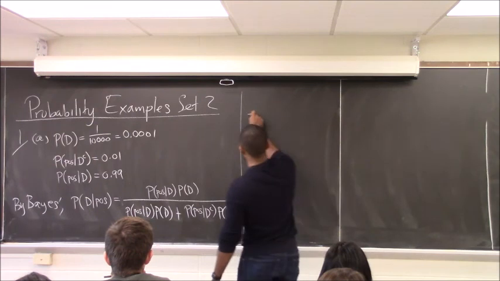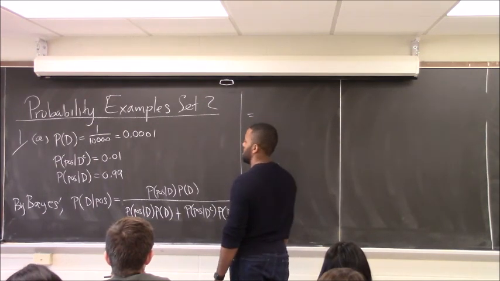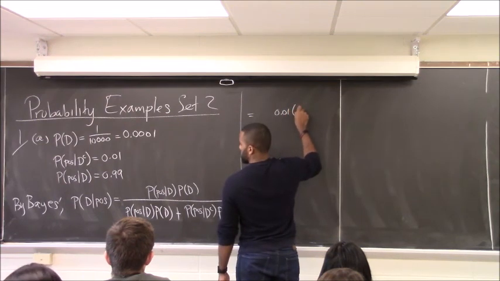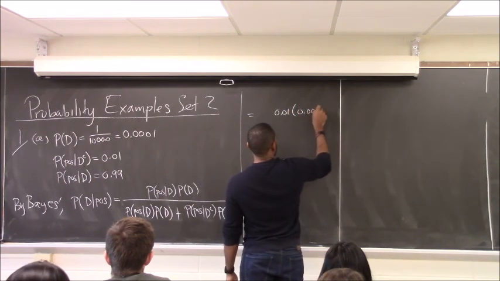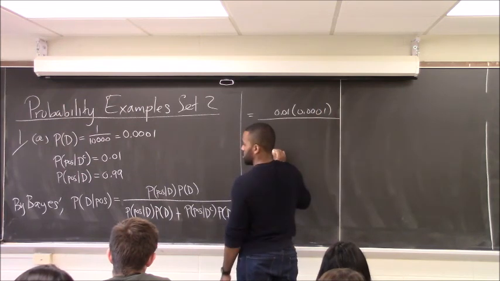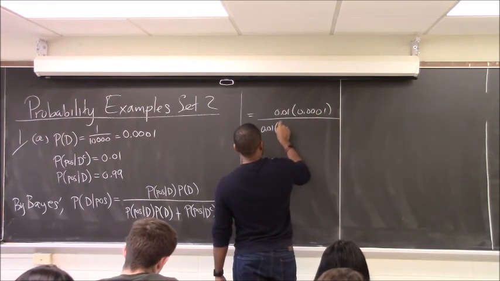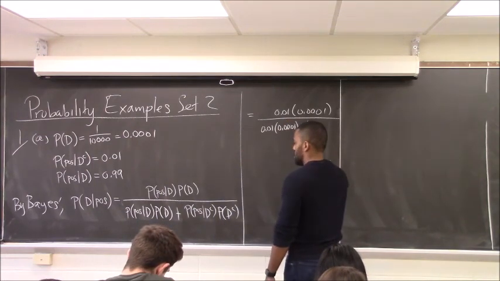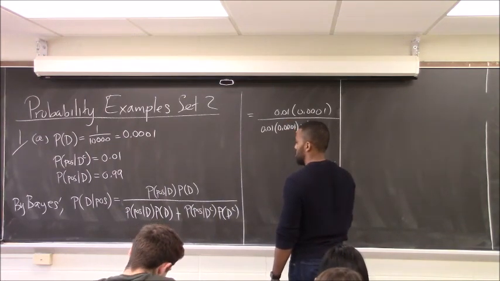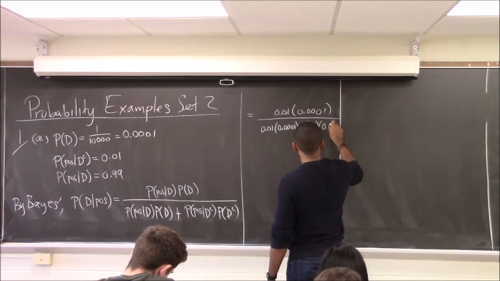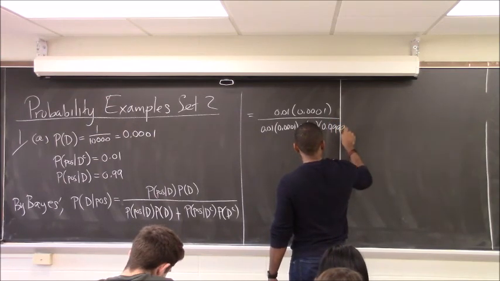So we went and we plugged in all of these, and we had 0.01 times... over... the chance that you will be positive given that you don't have the disease, 0.01, times here would be 0.9999.